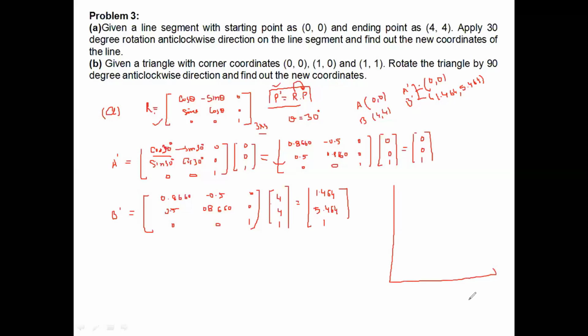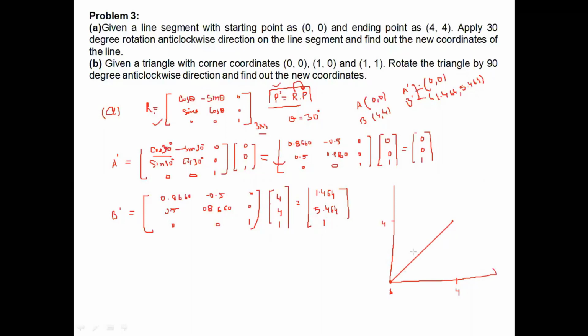At 0 0 the line was placed originally, and this is your A point, and B point is 4 4, so this is 4 on X, and on Y this is also 4. The line is drawn from here to here.